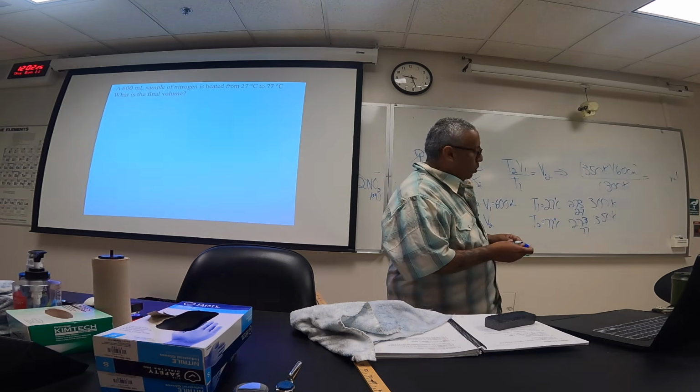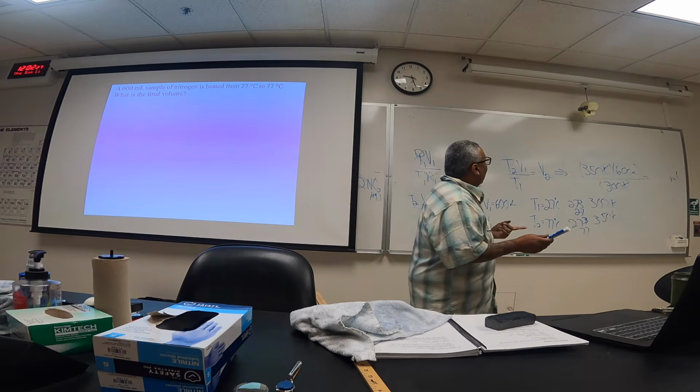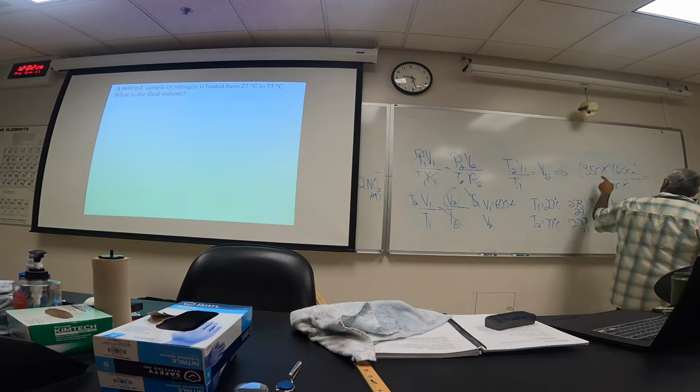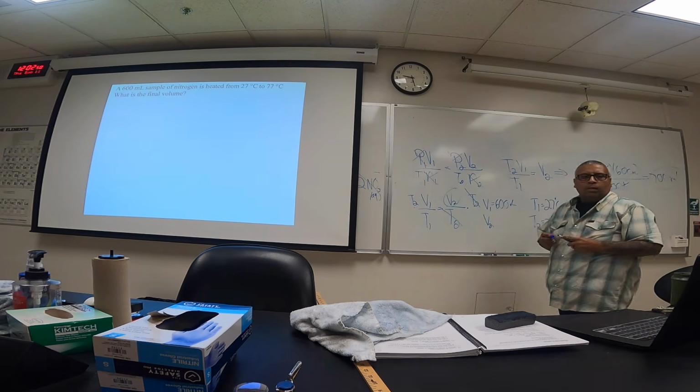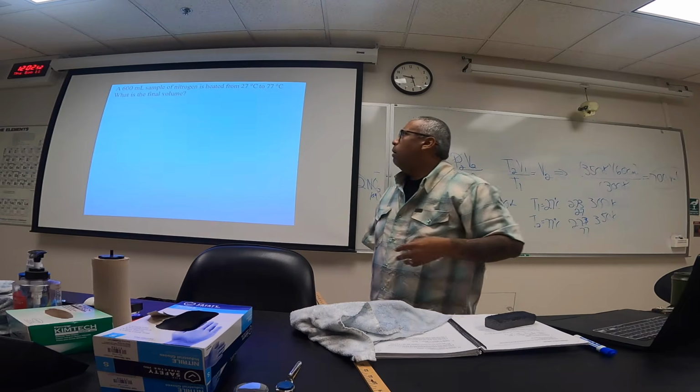Can somebody give me the answer to this? 350, what is our answer here? So 700 milliliters, does that make sense? If we increase the temperature, volume also increases, so that absolutely makes sense. Okay, yeah, I think we're good.